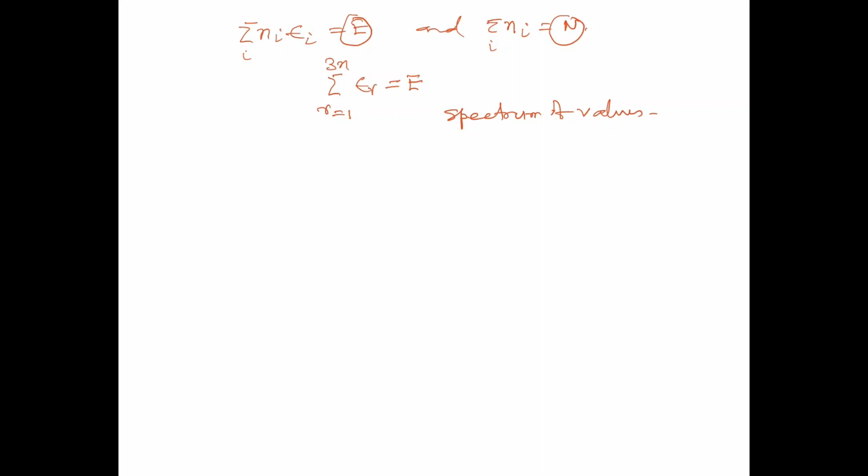It is through this spectrum that the dependence on V comes in. So let's see how that dependence on V comes in.